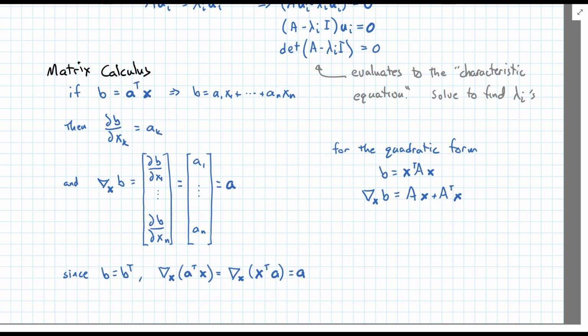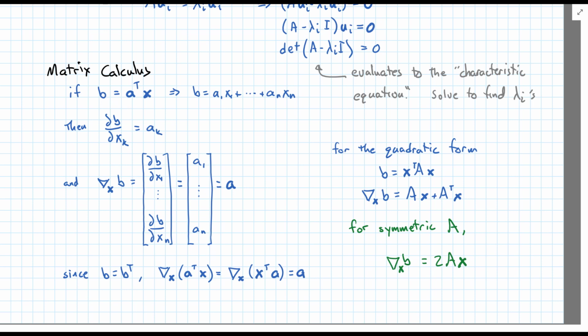Maybe you have a quiet, boring Friday night, and so you pull out a piece of paper and just run through the definition of the gradient of B as shown over there on the left, and you'll be able to work this out. One important thing to note is that if A is symmetric, then A is equal to A transpose. And so we get that the gradient of B with respect to X is 2AX.